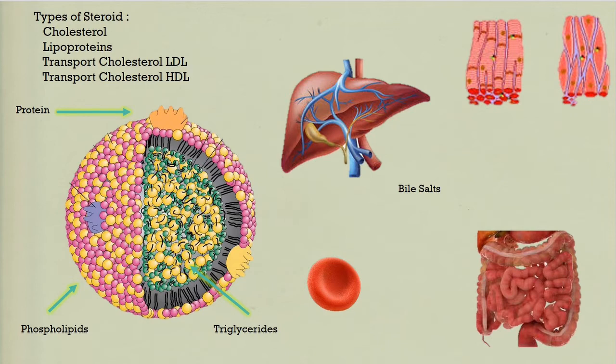Now, this cholesterol is manufactured and also regulated in the liver. And it can also be found in the blood. The liver is also primarily responsible for the production of the bile salts.